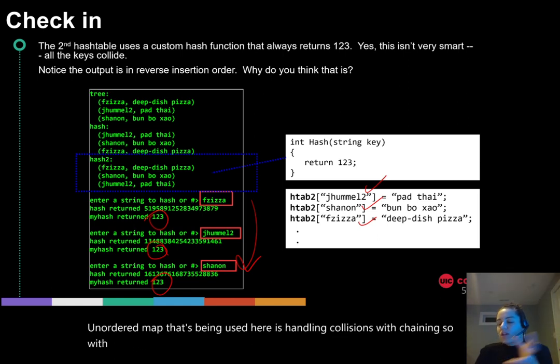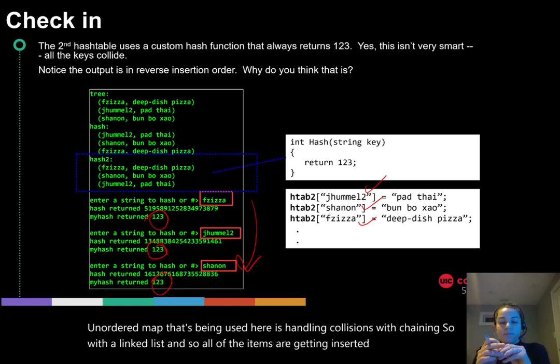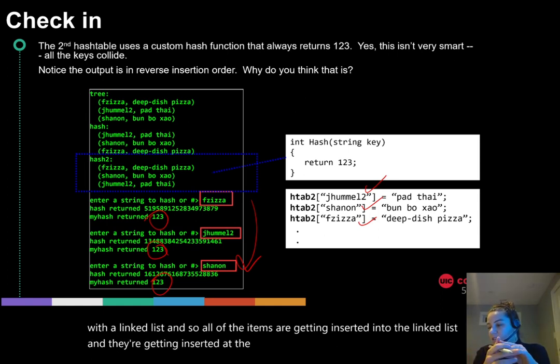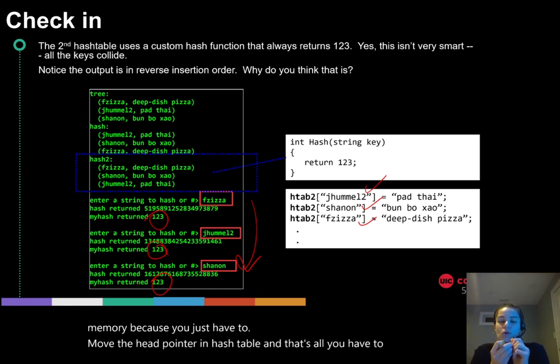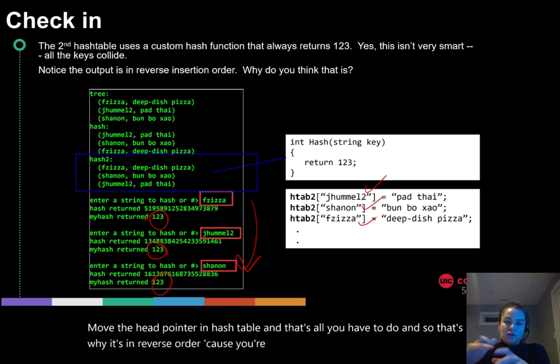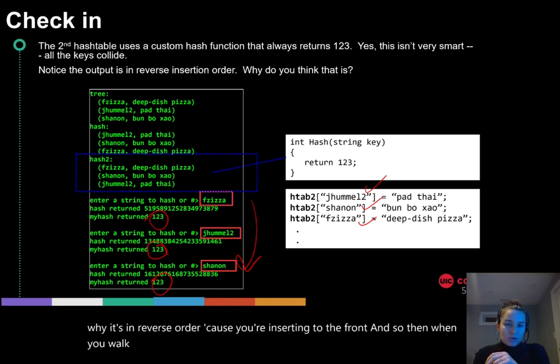All of the items are getting inserted into the linked list, and they're getting inserted at the head of the linked list because that saves on memory, because you just have to move the head pointer in the hash table, and that's all you have to do. And so that's why it's in reverse order, because you're inserting to the front. When you walk back through, you get to the last one first. The last one inserted will be the first one printed.